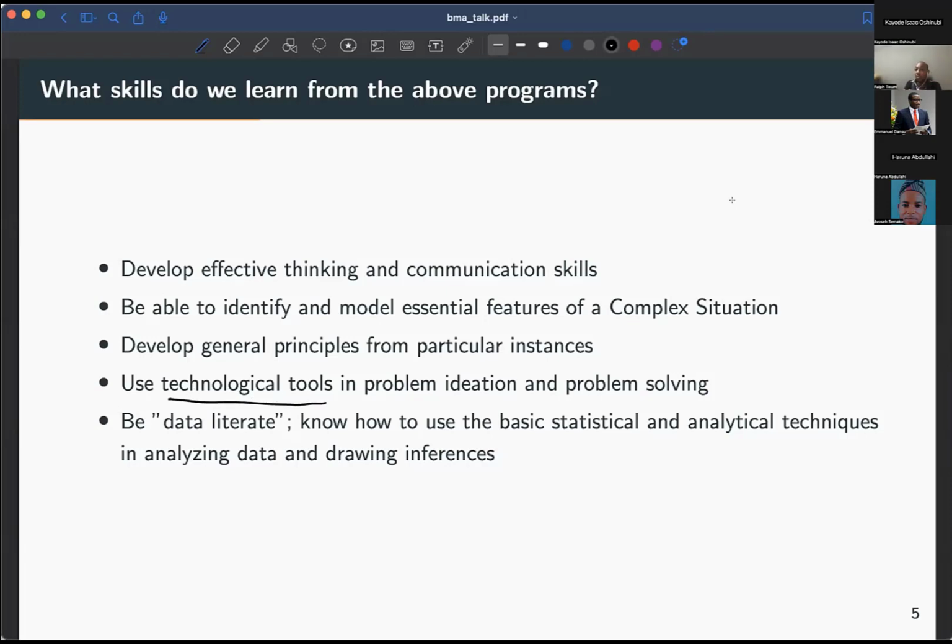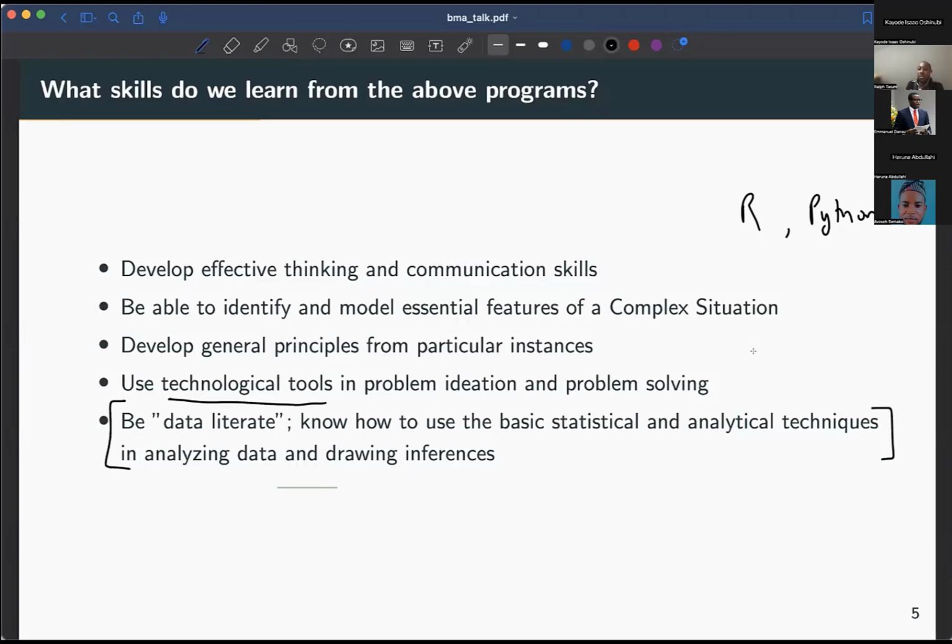I mentioned one, we mentioned R. Now we're finding that R is being used a lot in statistics, sometimes in mathematics as well, and Python as well is also being used a lot in computational math and so on. And then the last part is to be data literate, and that is going to become very important in what I'll be saying next.